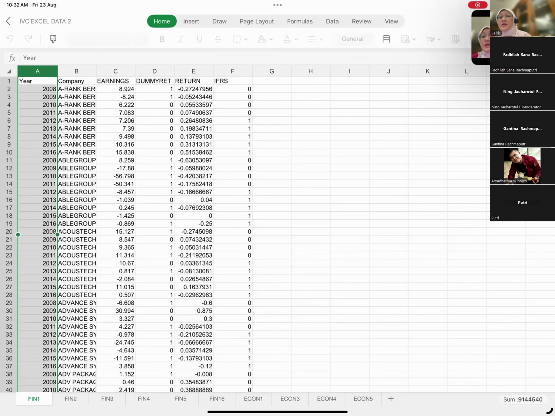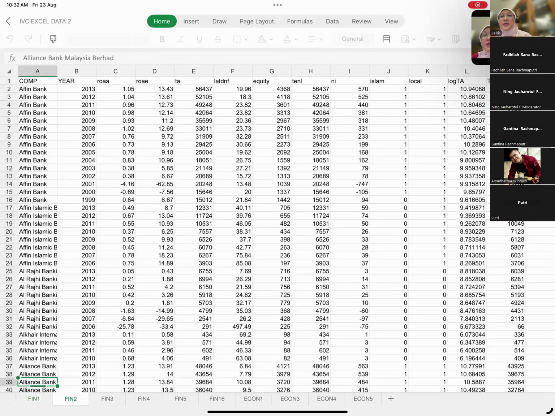Other than this, what we can do in the financial model, sometimes the dependent variable is the stock prices. We would like to measure whether the stock prices depend on several independent variables.